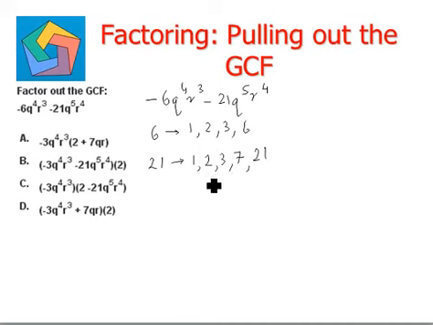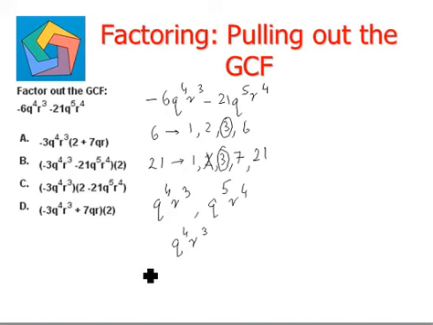From here we find the GCF is 3. For the variables q^4 r cubed and q^5 r^4, the GCF is q to the power of 4 r to the power of 3. So the combined GCF is 3q^4 r cubed. This is our GCF.